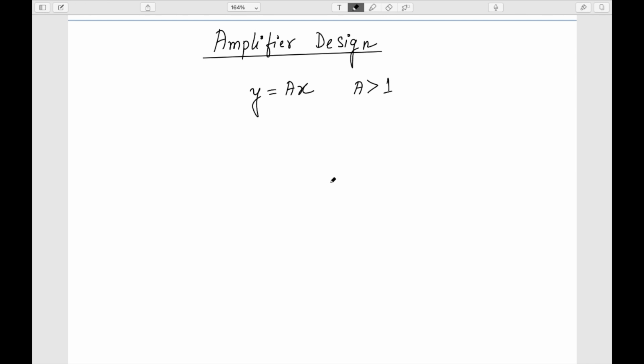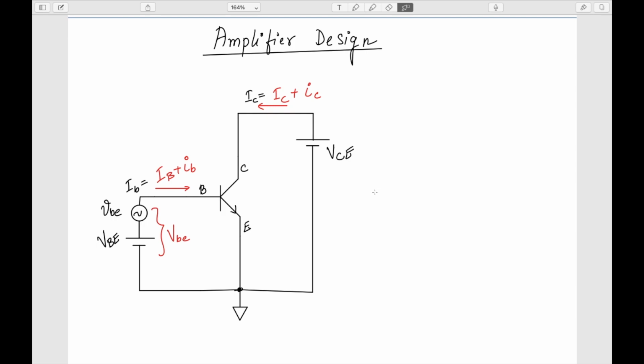In the previous lecture, we have seen that this VBE voltage will generate this DC current IB, okay? And if a small signal vbe is added in series with this VBE, this will result in an additional small signal current ib, and of course it will result in a small signal current ic here.